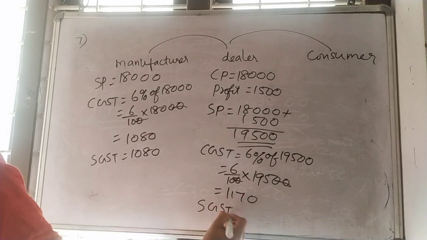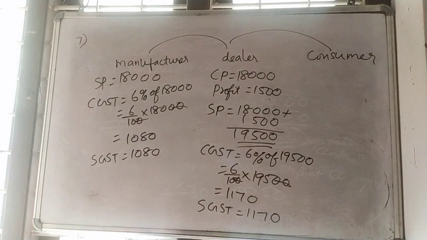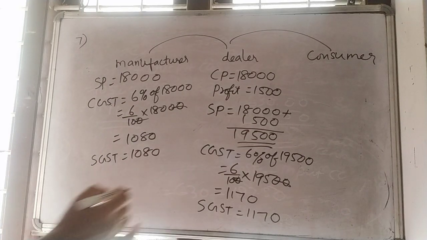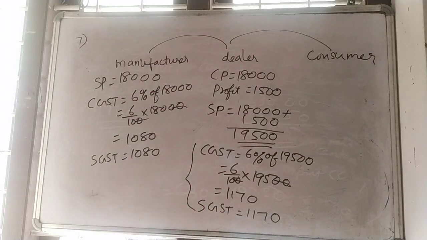Similarly, SGST also will be 1170. That is the amount of GST, amount of tax collected by the dealer from the consumer. Okay, so that we got it as 1170.